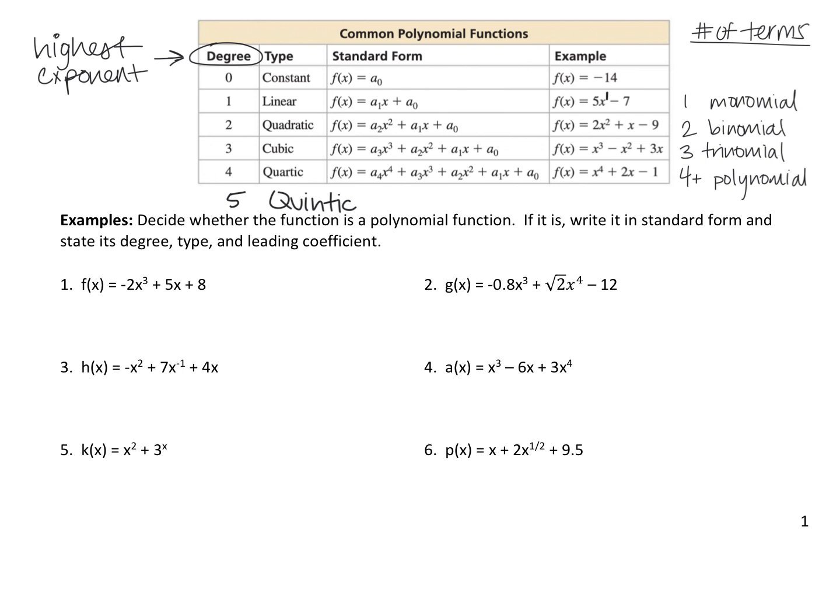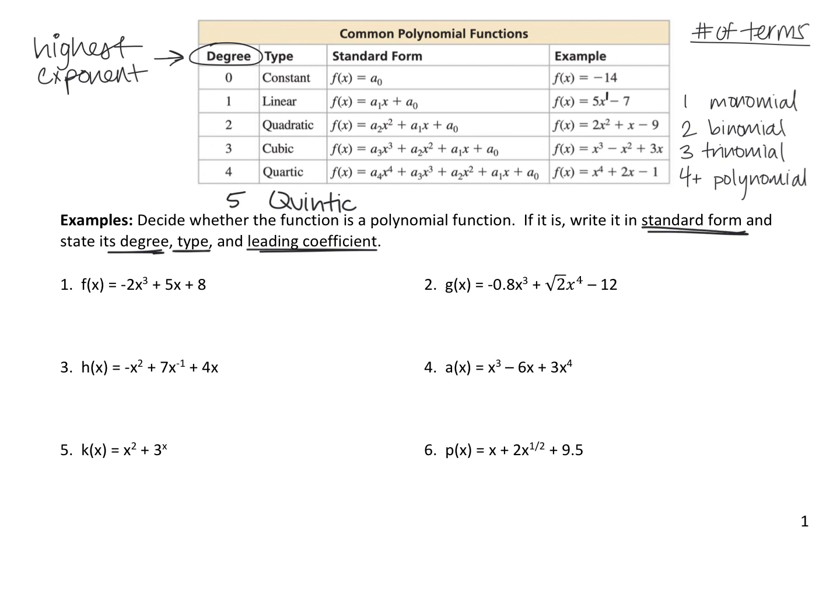Okay, so looking at our next section here, decide whether the function is a polynomial. If it is, write it in standard form, exponents highest to lowest, and state its degree, type, and leading coefficient. Let's look at number 1. This is a polynomial because all of my exponents are positive whole numbers here.